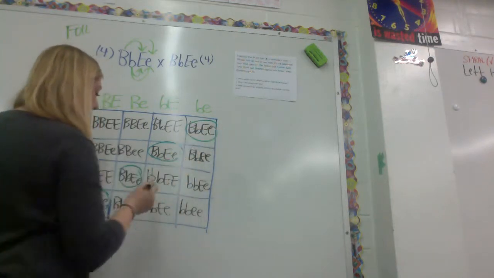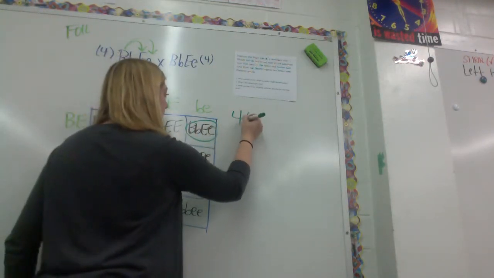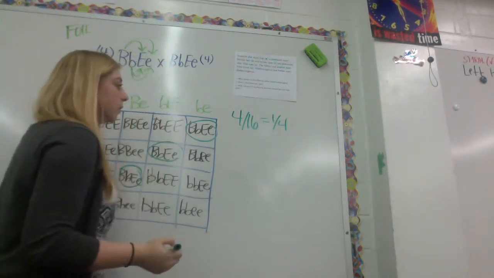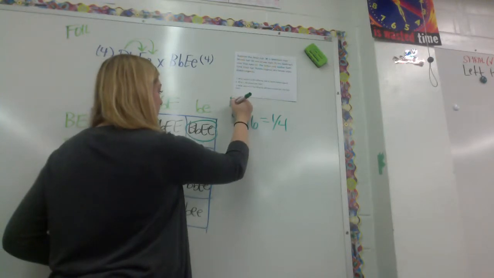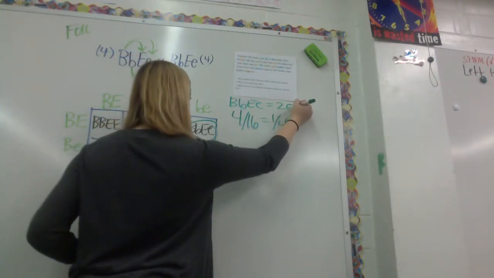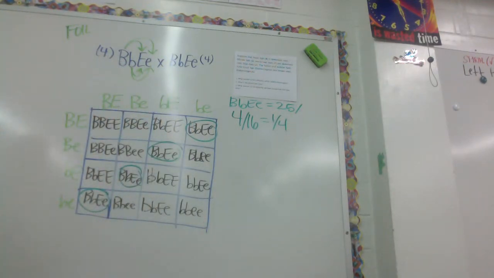All right, so we will have 4 out of 16, which simplifies to 1/4. So we will have 25% that are heterozygous.